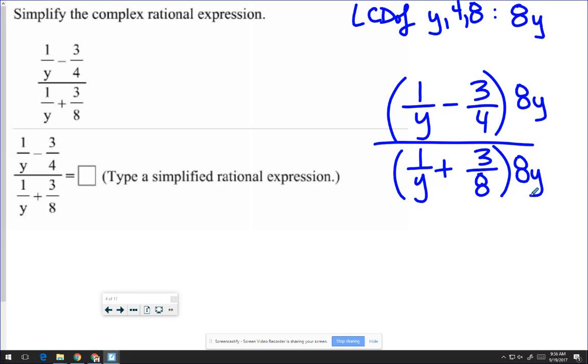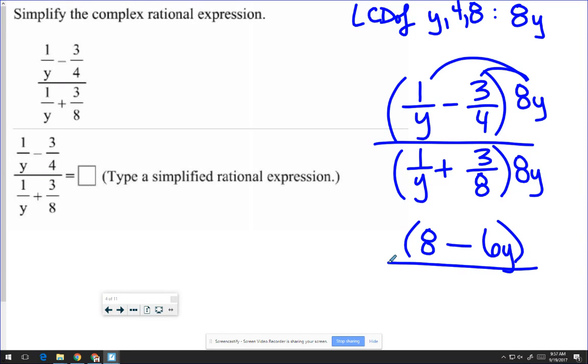So whenever I distribute this in, I end up with 8y over y. That is just 8. When I multiply it by the minus 3/4, the 8 and the 4 are going to cancel to 2y. So I'm going to end up with 3 times 2y, or 6y. On bottom, again, it's going to cancel.